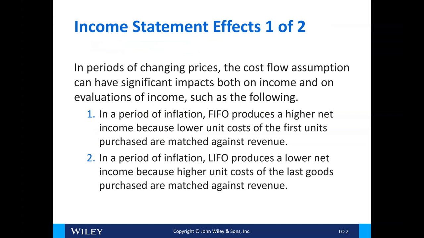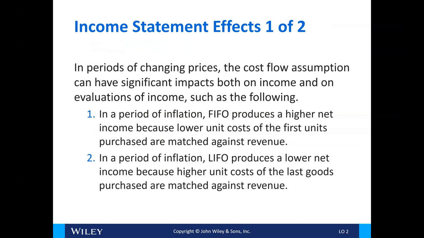So, you could have units that were $12 and now they're $18 because of inflation. And under FIFO, you're going to sell the $12 units, which is going to mean that your inventory is higher and your net income is higher because your cost of goods sold are lower because you're selling off the cheapest.